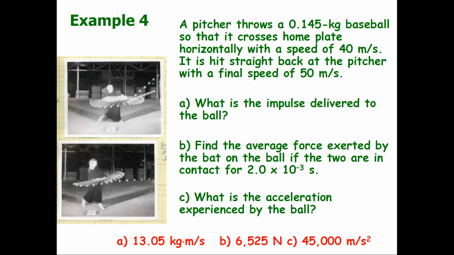Acceleration is the change in velocity over the change in time. We have the change in velocities, between 40 and 50, and the time we have been given here. We calculate the acceleration, then multiply it by the mass and we get 6,525 newtons.